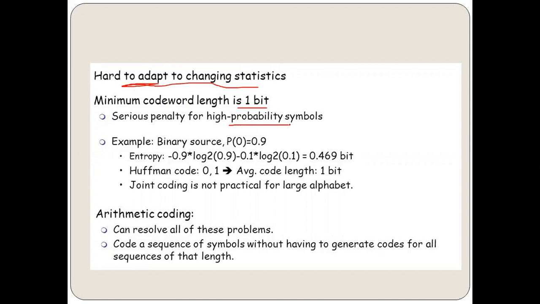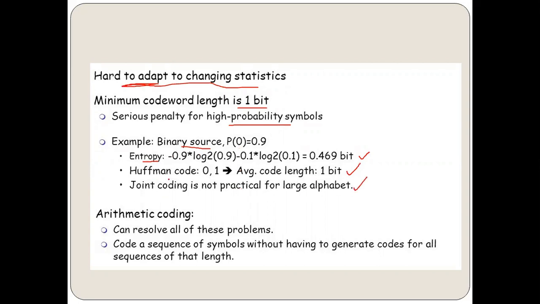So what it does is give less code word length to the high probability symbols. Taking a binary source, let's say 0.9, entropy is calculated as this. We have already seen how we calculate the entropy. This is the Huffman code. Joint coding is not practical for large alphabets.